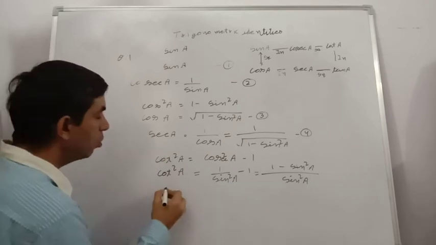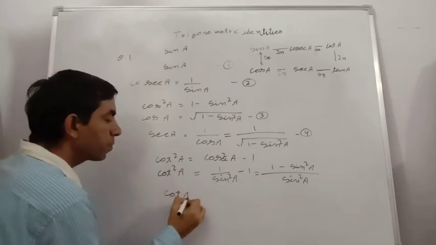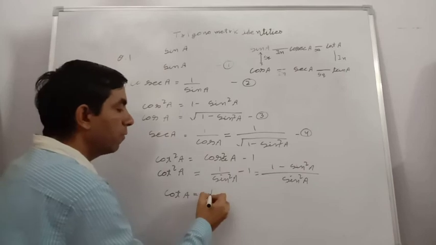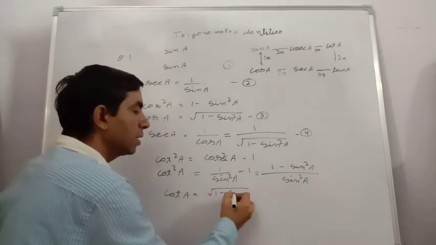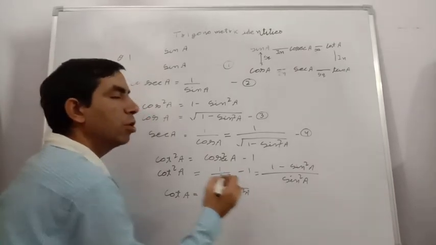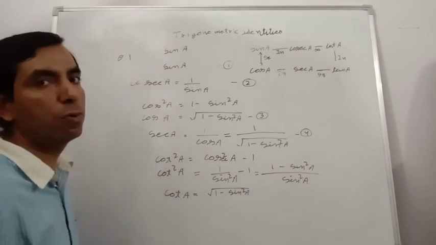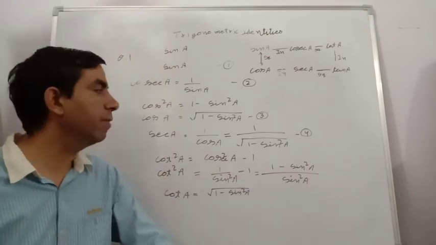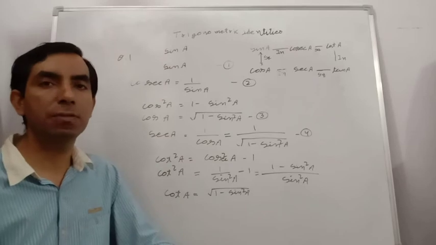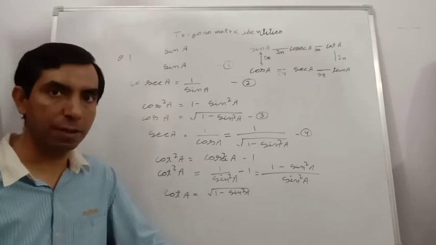Now we take the square root again because we want to find cot A, not cot square A. So cot A is equal to root of 1 minus sine square A upon sine A. Because we cannot take the square root and factorize when the middle term has plus minus, we can take it only in the common method.